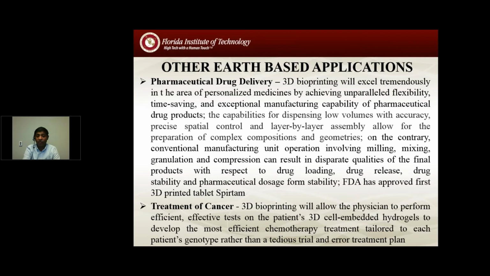Our goal in this particular presentation is cardiovascular disease for long-term space missions, but there are a few other important applications, such as drug delivery. The 3D bioprinted tissue also has a major impact on cancer treatment. What is chemotherapy? People use different drugs and see how the body responds, which is a challenging task.